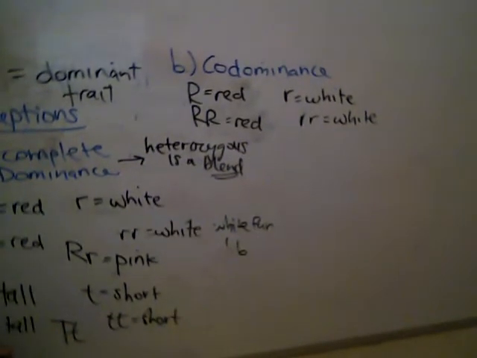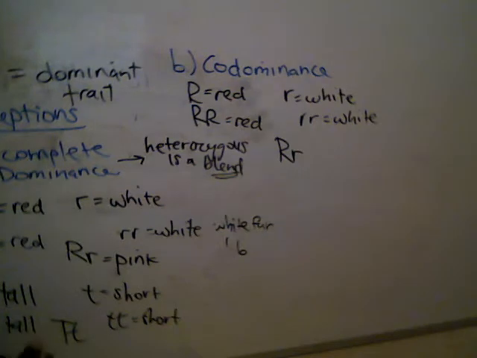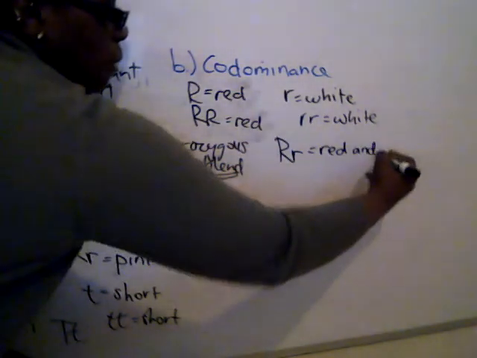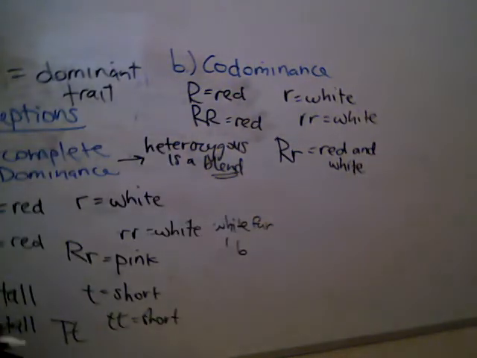Okay, now we know with incomplete dominance, the big R, little r would be pink. If it were incomplete, we blend them together. But codominance is not about blending. In codominance, you'd actually see both of them at the same time. So a big R, little r would be red and white. Maybe red with white polka dots or white with red polka dots or something like that. But you would see both of the colors together.